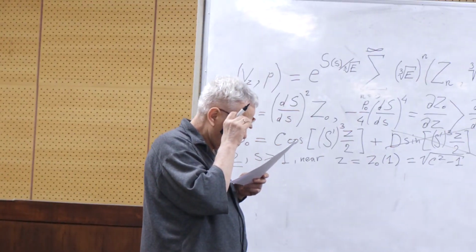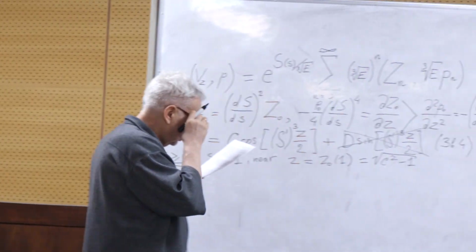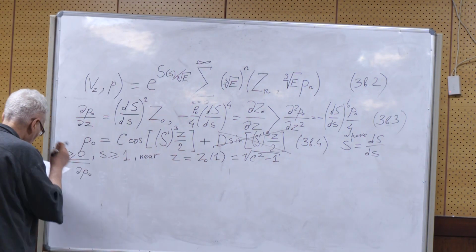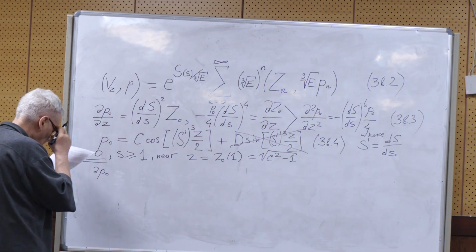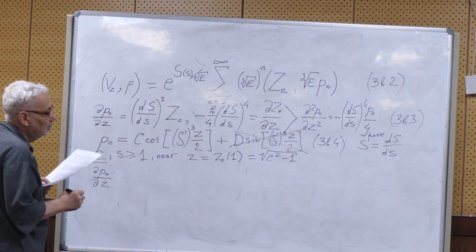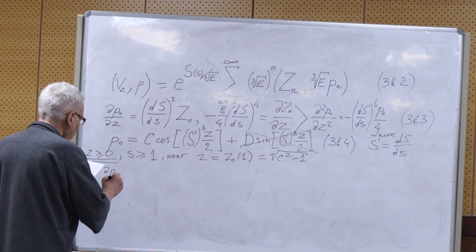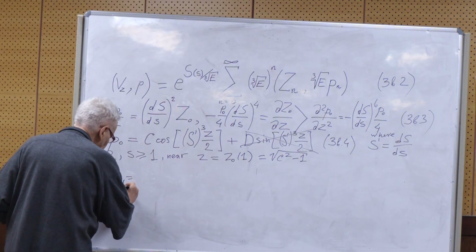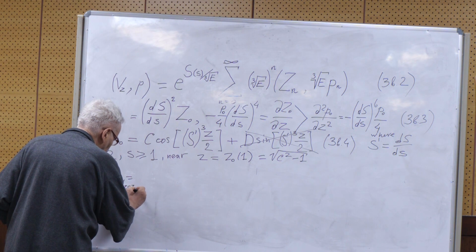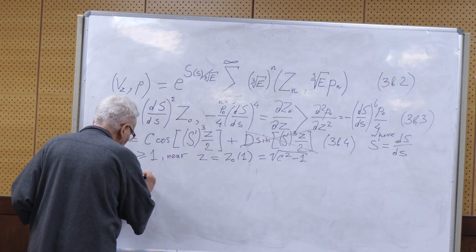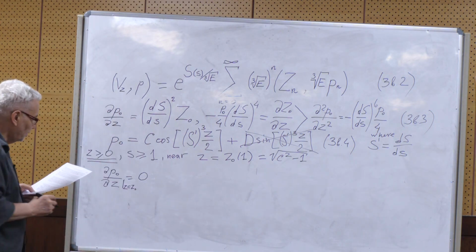So this boundary condition should be satisfied at the condition dp O over dz, let's write it in another form, at the point z equals z O, and it's just equal to 0 at this boundary.